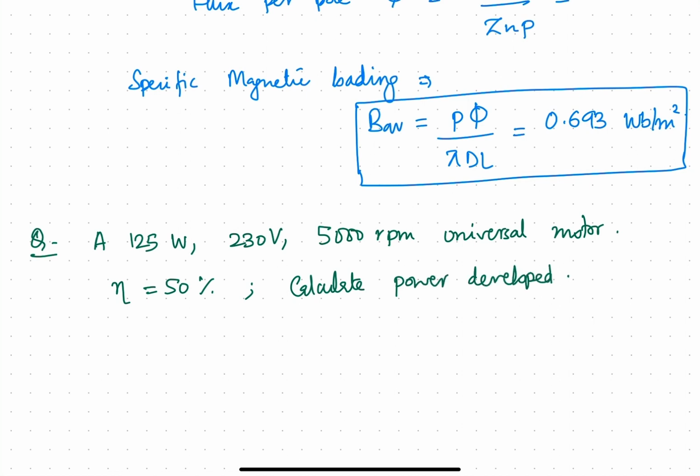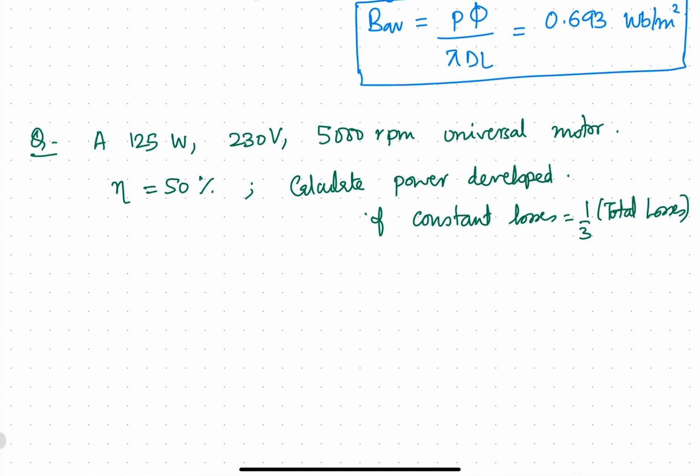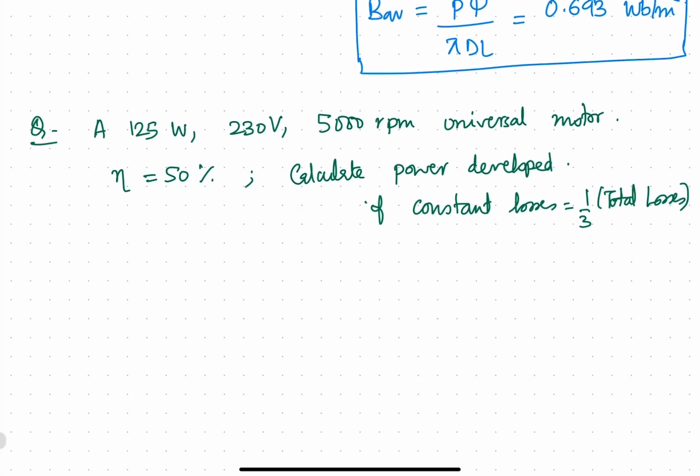You have to calculate the power developed in the armature if the constant losses are 1/3 of the total losses. So how do we solve this?